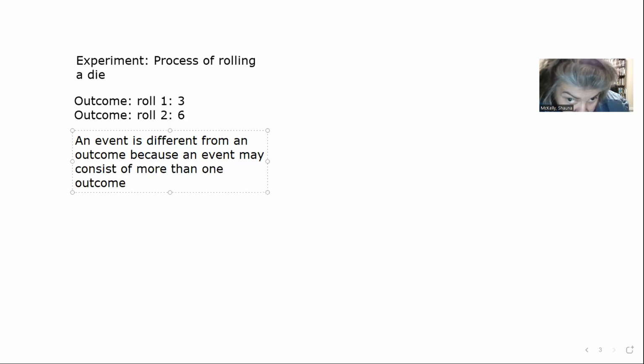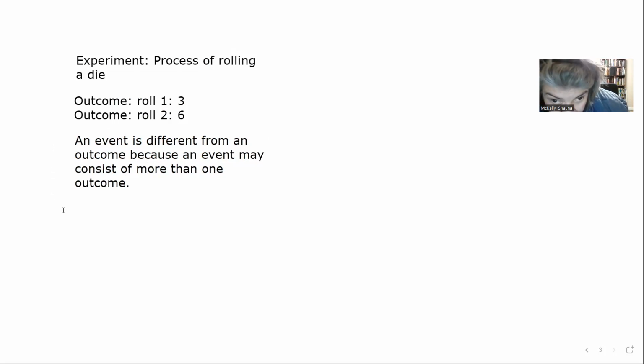Let me show you what I mean. This is the answer to what is the difference between an outcome and an event, which is the second question on your homework.